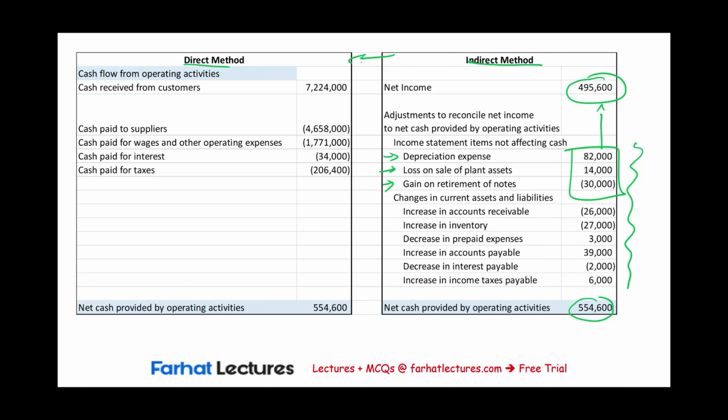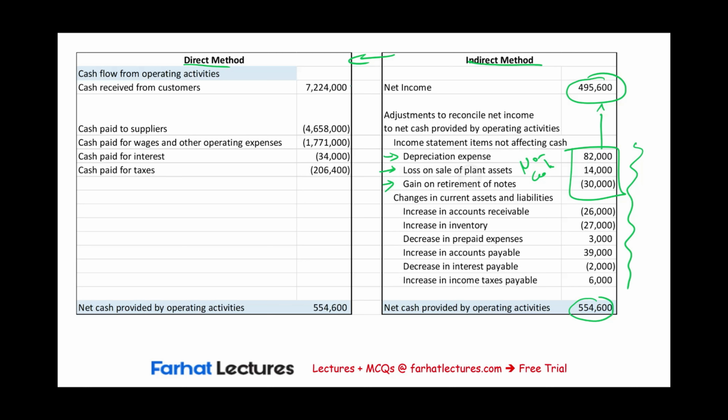Under the direct method, they were not factored into anything. We ignore them. Since they are non-cash, we simply ignore them under the direct method, because under the direct method, you take each line and you convert it into cash. If the account is a non-cash expense or a non-cash revenue or a non-cash gain, you don't touch it.